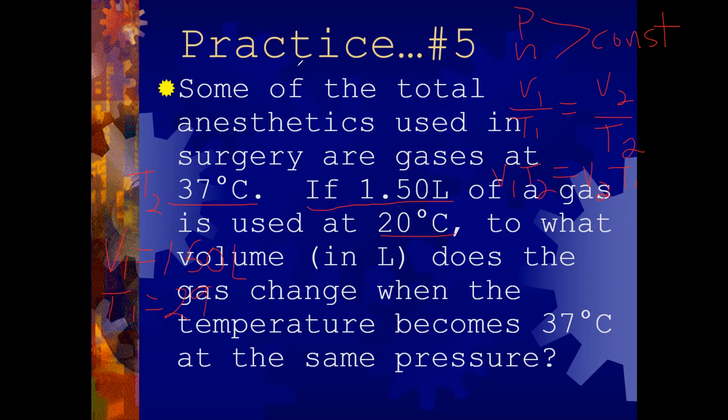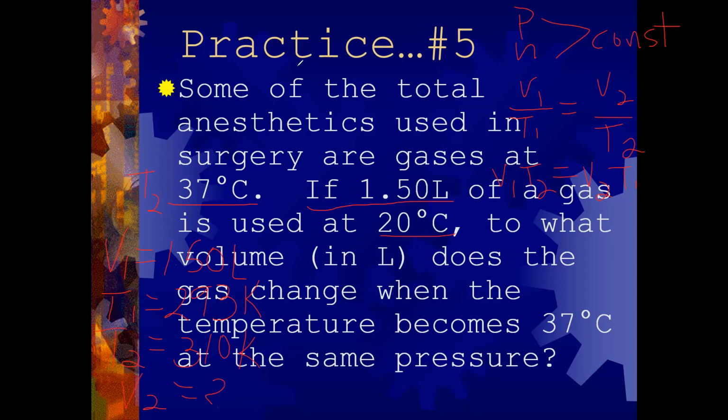So we have to change it to Kelvin. T2 is going to be equal to 37 plus 273. And I just use 273, I don't like the 0.15. And that's equal to 310, which means that V2 is the unknown.